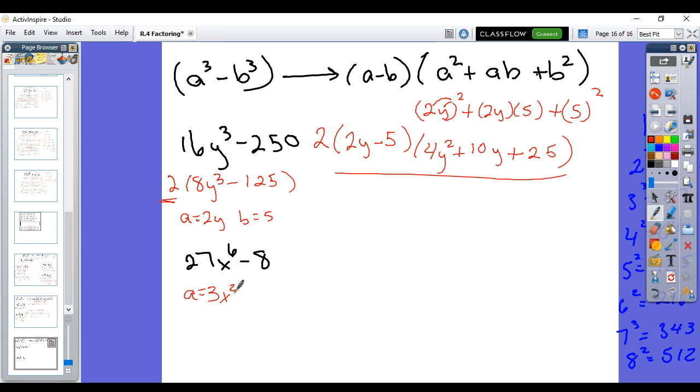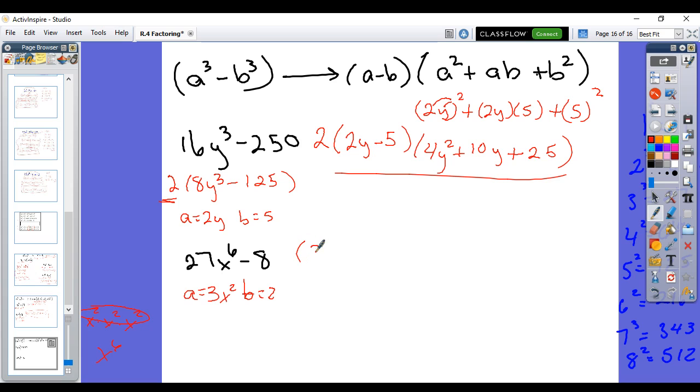It's x squared, because x squared, off to the side, x squared times x squared times x squared. You remember from Algebra 1, I think Algebra 2, when these are multiplying, the exponents add up, which gives us x to the 6. And then what times what times what gives me 8 is 2. So our b value is equal to 2. And then just plug it into the equation.